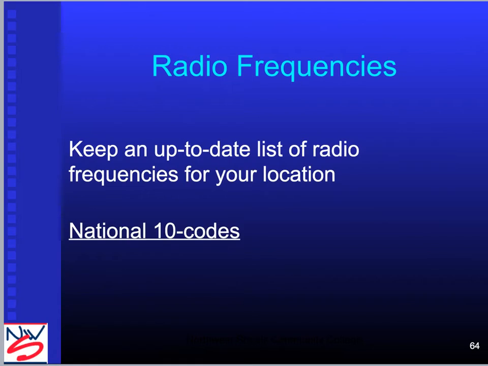So somewhere we had it written down that channel 1 was like dispatch, and channel 2 was hospital, and channel 3 would be like Florence Fire, and channel 4 would be Tuscumbia Police, and channel 5 would be EMA, whatever it was. But the handhelds were different than the ambulances. So channel 1 on my handheld radio may be dispatch, where it's channel 2 in the ambulance, and that got confusing. So we wanted to keep an up-to-date list of radio frequencies in the ambulance or on the radio.